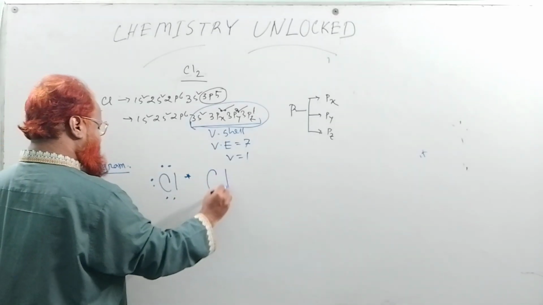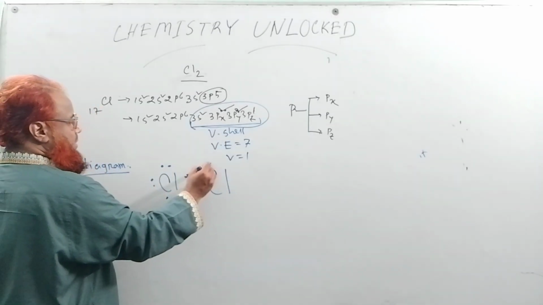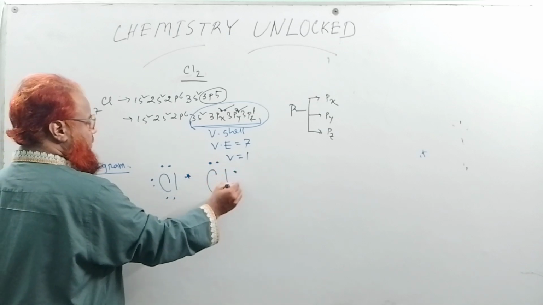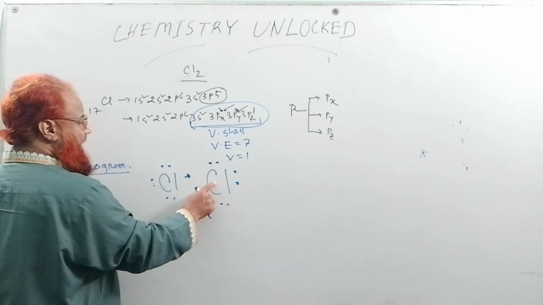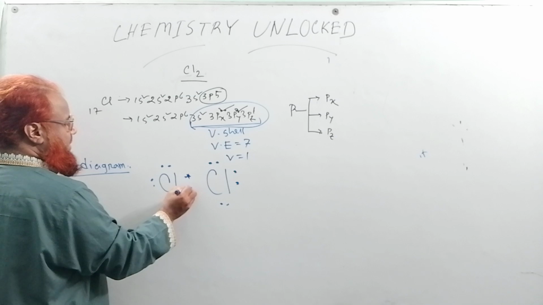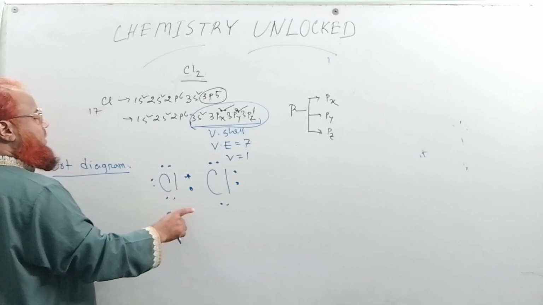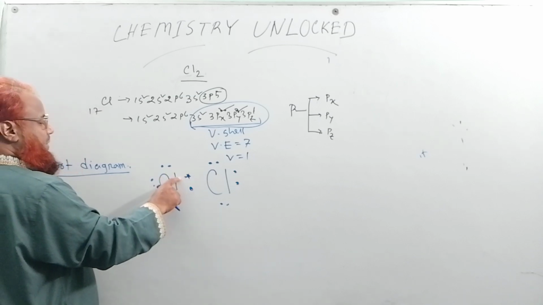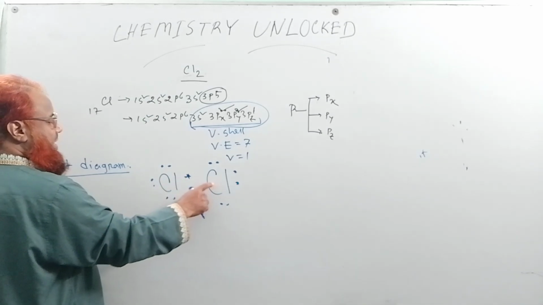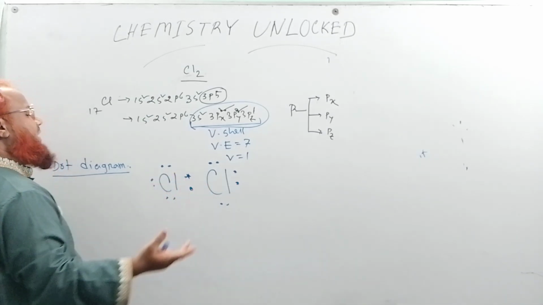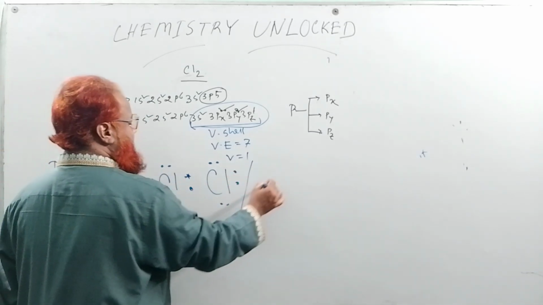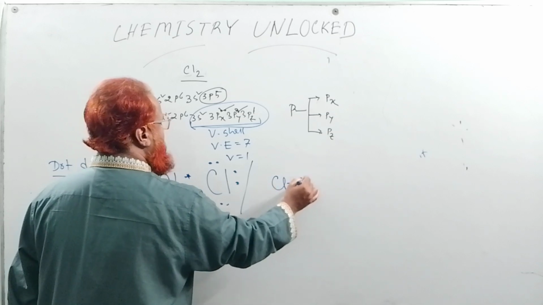Now another chlorine atom, 2, 4, 6 and it has another unpaired dot. So this unpaired electron of this chlorine atom and another unpaired electron from another chlorine atom will make a covalent bond, that is Cl-Cl.